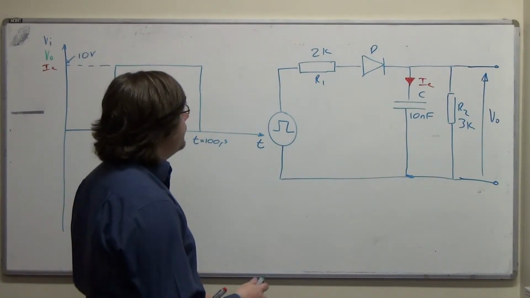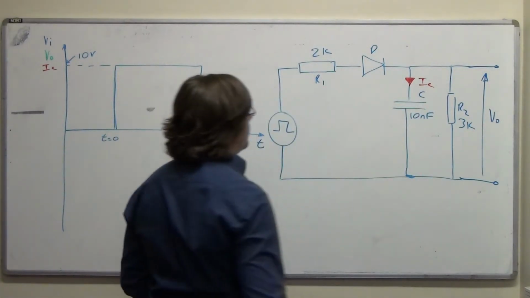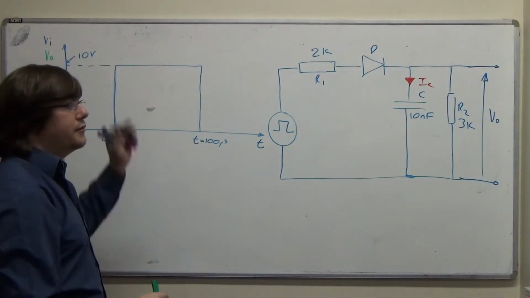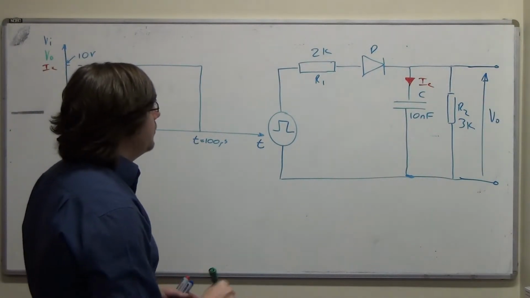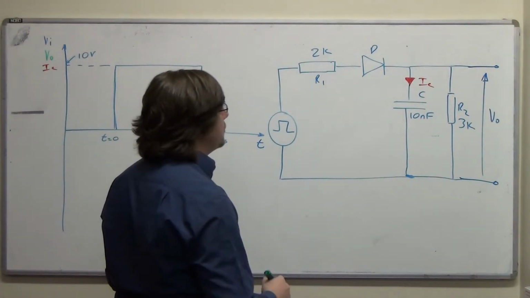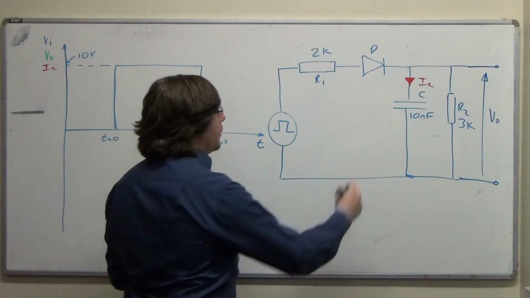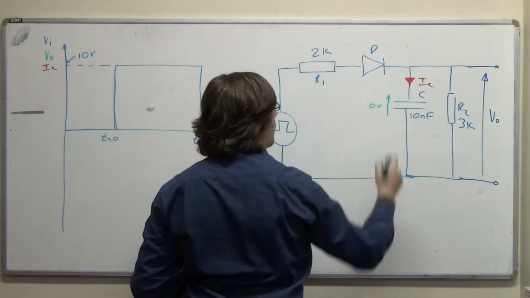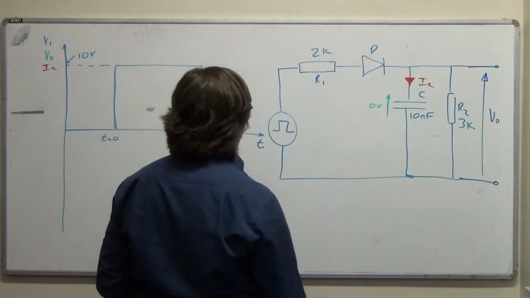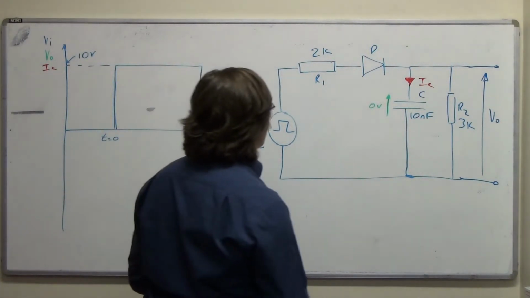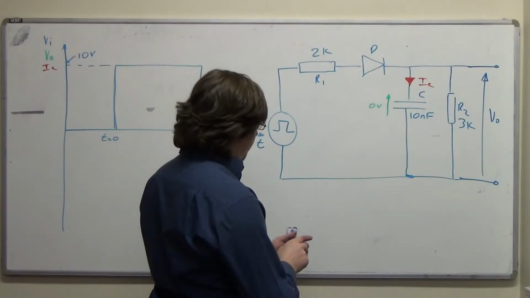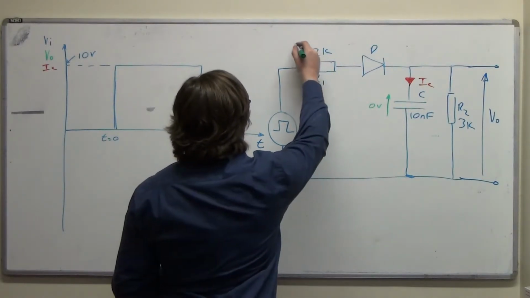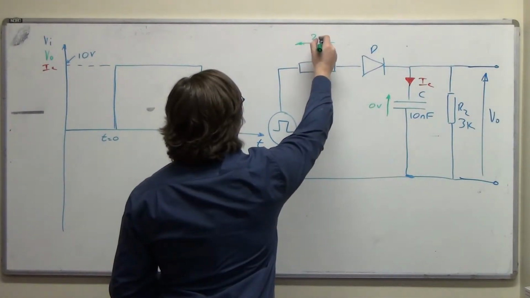Now, there is this potential divider between R1 and R2, which will adjust the ending voltage for the pulse. But in the situation where we've just switched the circuit on and the pulse has come in, this capacitor is discharged, so it has no voltage across it. As a consequence, at the instant the leading edge of the pulse enters the circuit, there is all of the 10 volts across the 2 kΩ resistor.